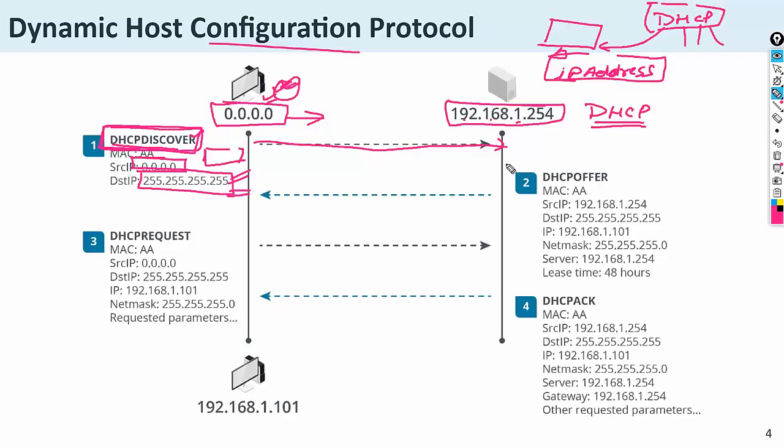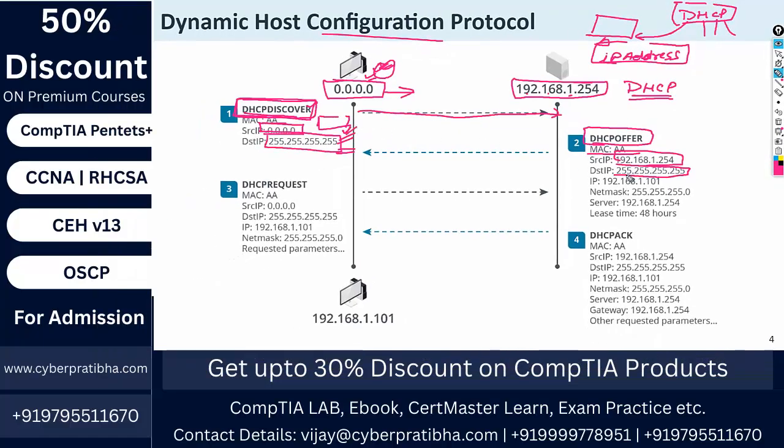When the request reaches the DHCP server, the DHCP offers some IP address. It includes the MAC address, my source IP address, and the destination IP address, because the client doesn't have an IP address yet.